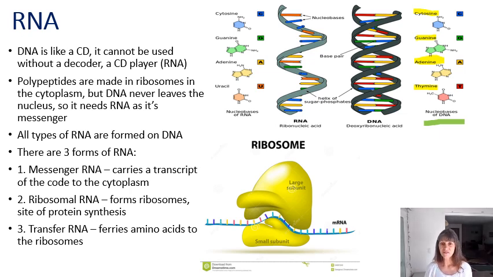However, we have one major difference in that instead of thymine, RNA has uracil. RNA contains cytosine, adenine, guanine. However, there is no thymine. Instead, we have uracil. Pay close attention to that.